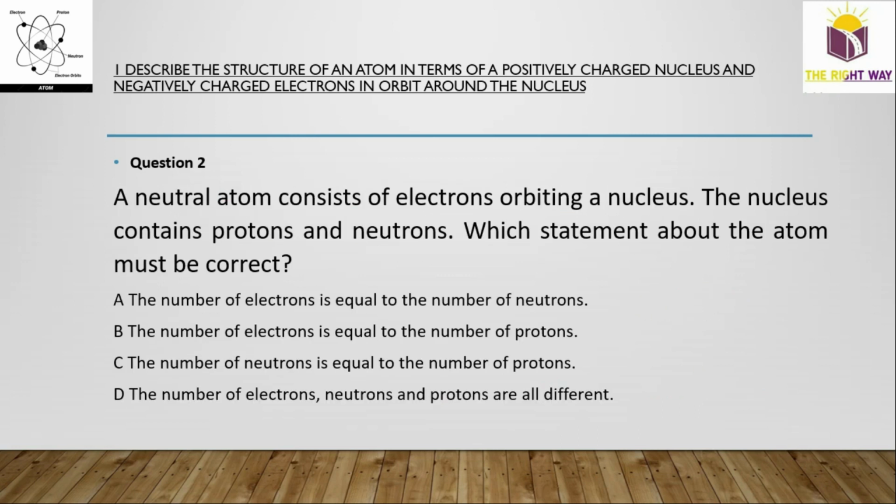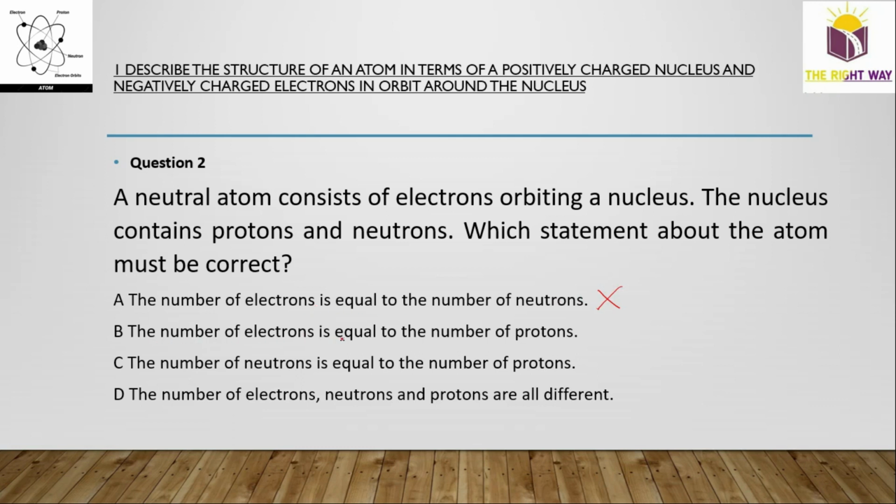Okay, question number 2. A neutral atom consists of electrons orbiting a nucleus. The nucleus contains protons and neutrons. Which statement about the atom must be correct? The number of electrons is equal to the number of neutrons. That is not always true. There are some times when neutrons are greater in number than electrons.